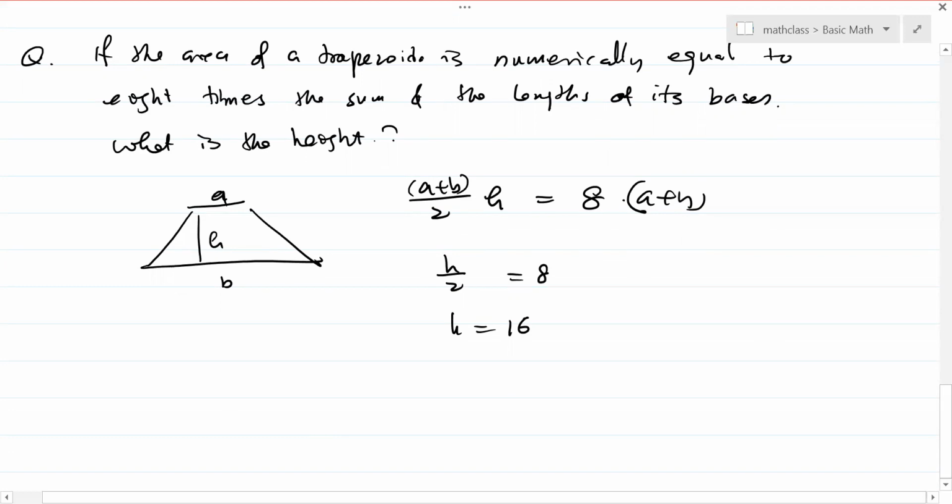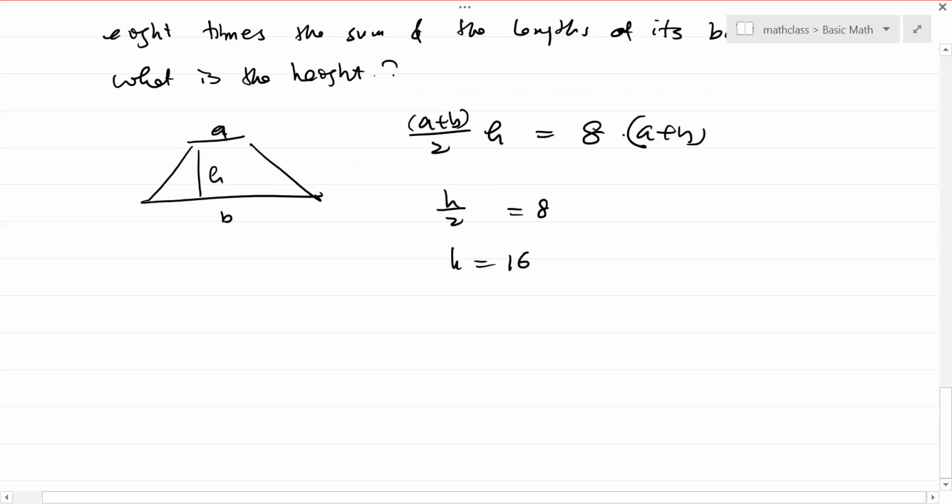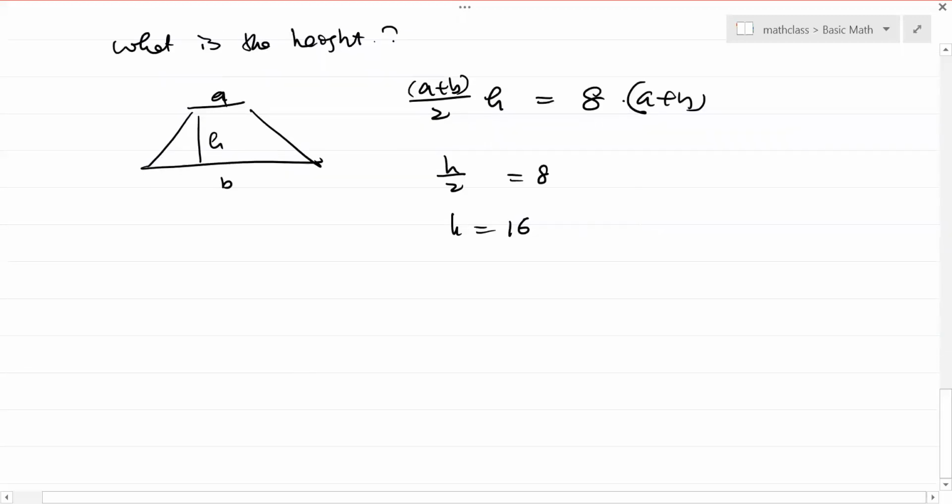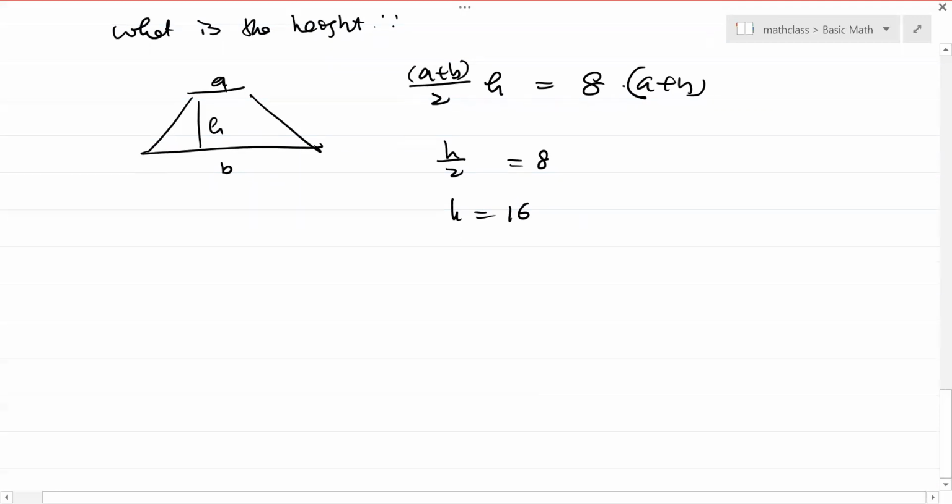Okay, another one, this is about a rectangle. A rectangle is created by increasing the length and the width of the original rectangle by 2 units each, okay?